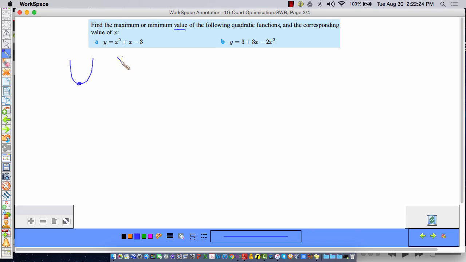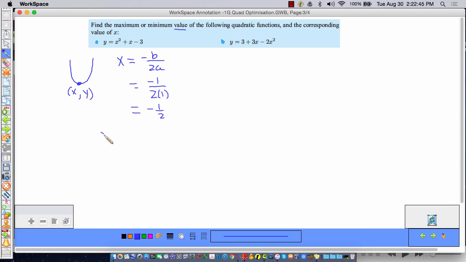Okay, so I start by using x equals negative b over 2a, which gives me the axis of symmetry as well as the x-coordinate of the vertex. So I'll just go ahead and put that there. In this case, it's going to be negative 1 over 2 times 1, which is negative 1/2.